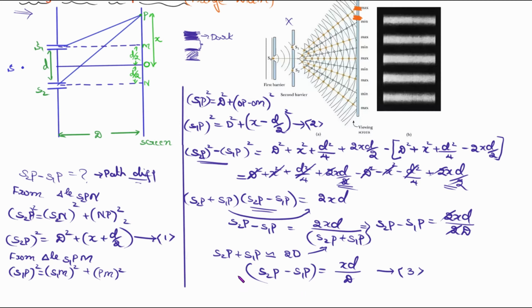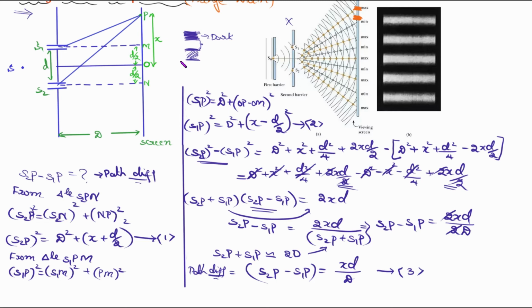See here, already we have got the value of path difference. What is this? This is the general equation for path difference. The path difference between these waves is represented by S2P minus S1P and its value, XD by D, we have got.